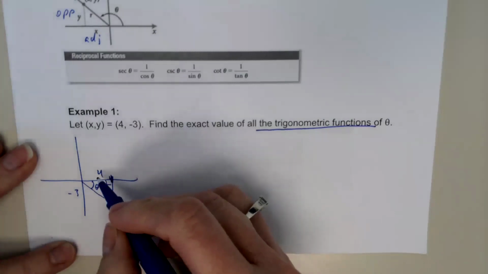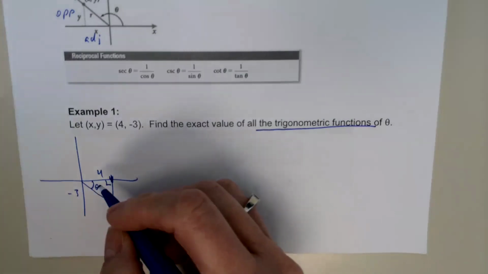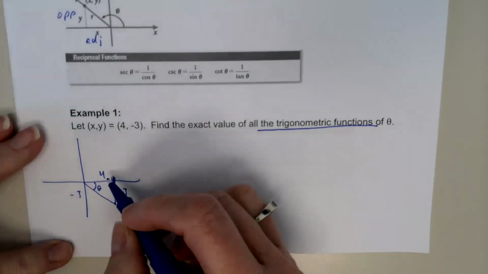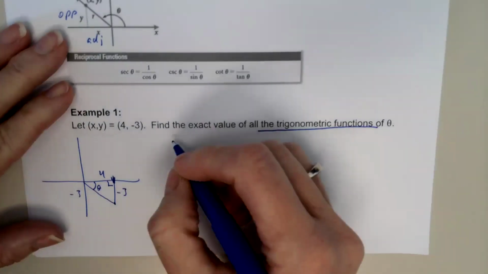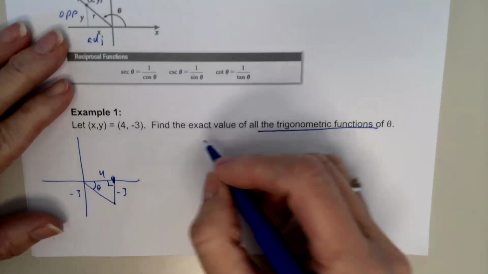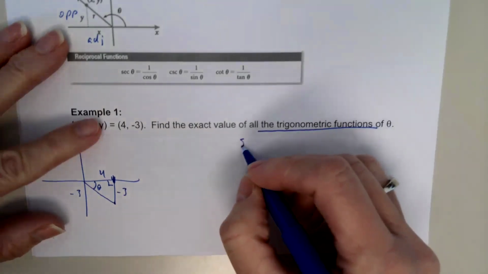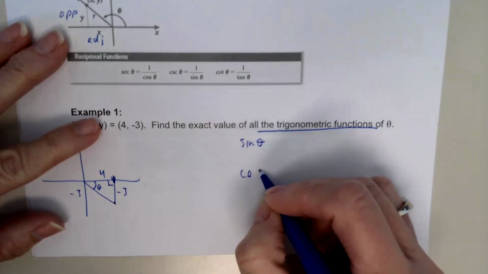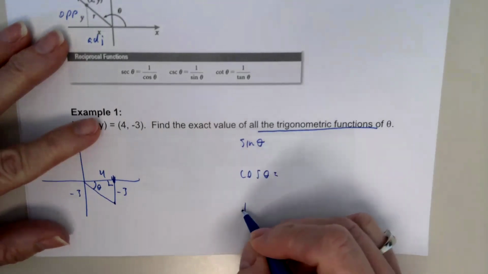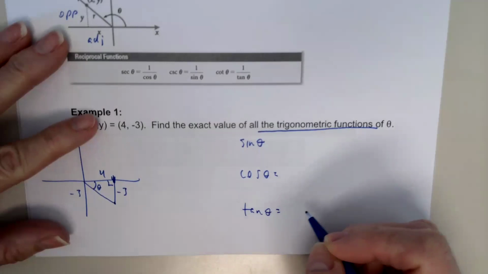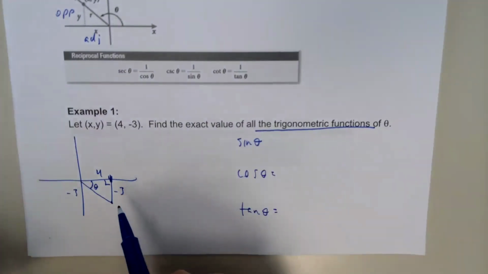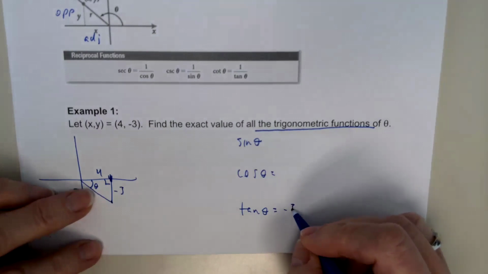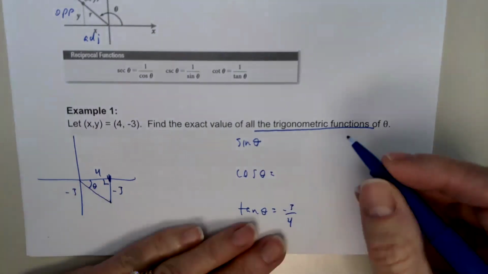Okay, so we know our adjacent and our opposite. So we went over 4 and down 3. So we're looking for sine of theta, cosine of theta, tangent of theta. We know tangent of theta because it is the opposite over the adjacent. So that's a -3 over 4.